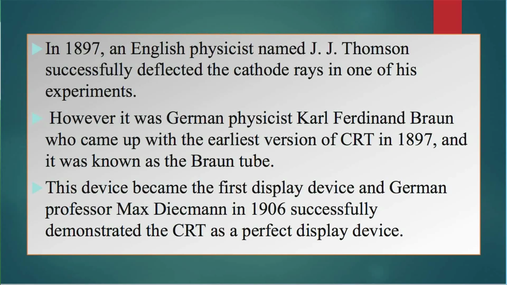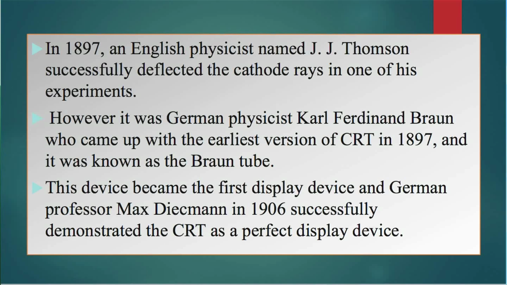In 1897, an English physicist named J. J. Thomson successfully deflected the cathode rays in one of his experiments. However, it was German physicist Carl Ferdinand Braun who came up with the earliest version of CRT in 1897, and it was known as the Braun tube.